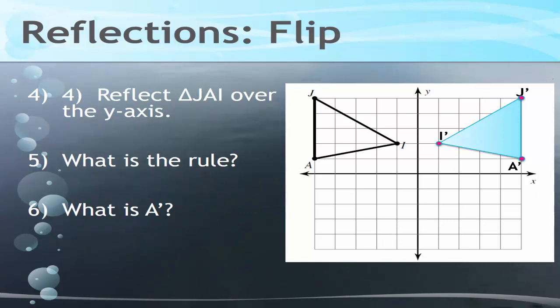I prime has the opposite of -1, which is +1, comma 2 for an ordered pair. That fits with our rule. And A prime, we can look very quickly at our graph and realize it is at a value of 5, 1.